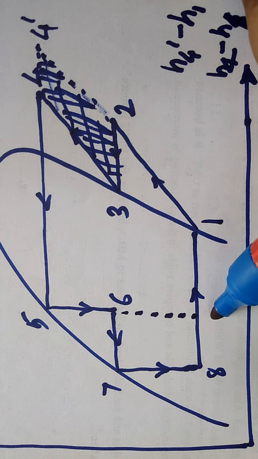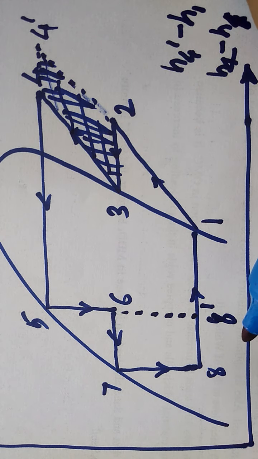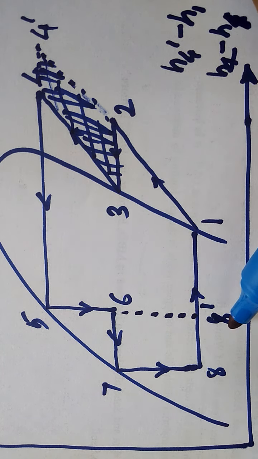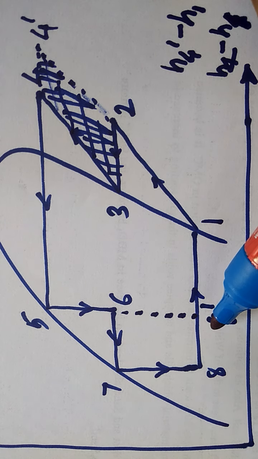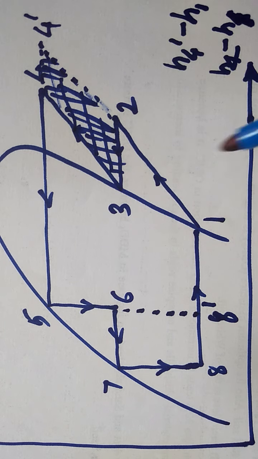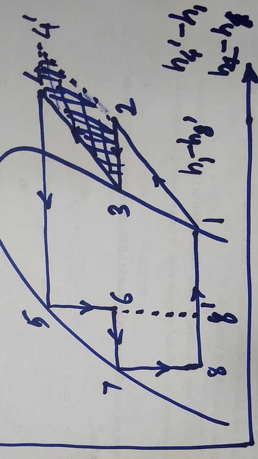So I will name this 8 dash. If single stage expansion is carried out, then the process 5 to 8 dash will be followed. So in this case, the net cooling effect will be H1 minus H8 dash.